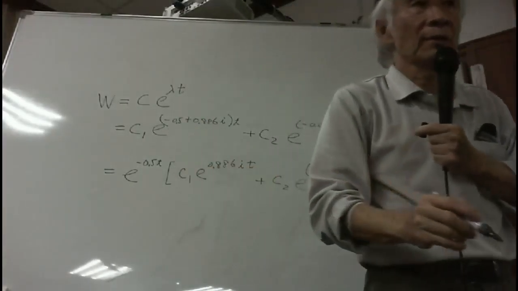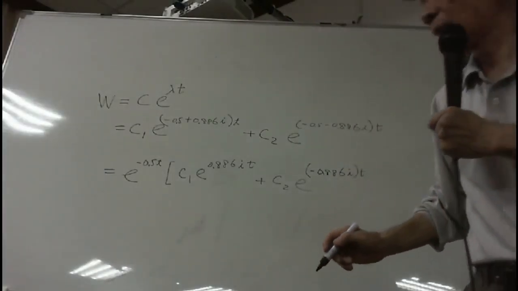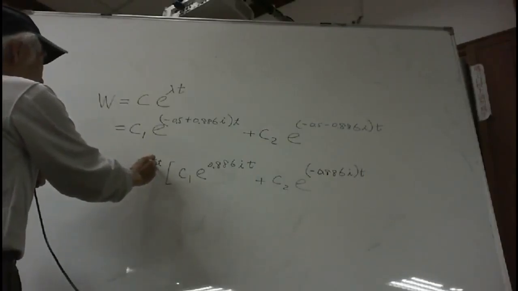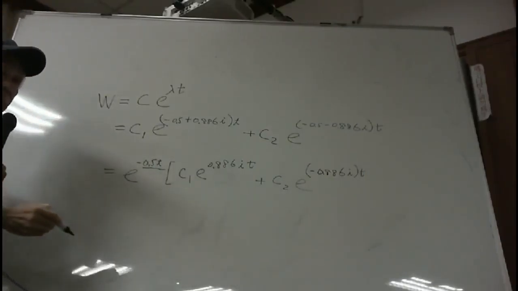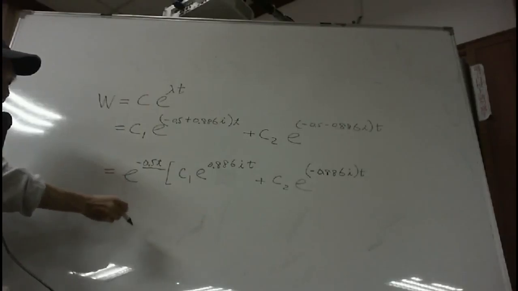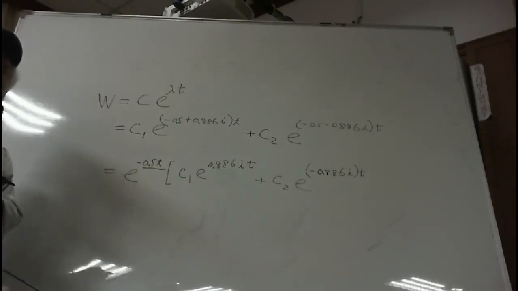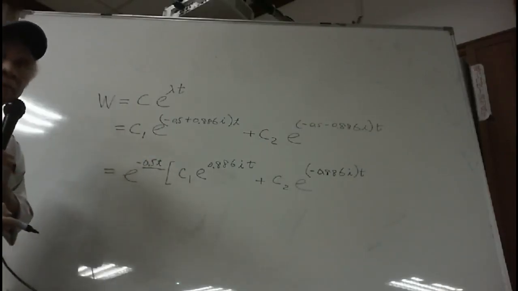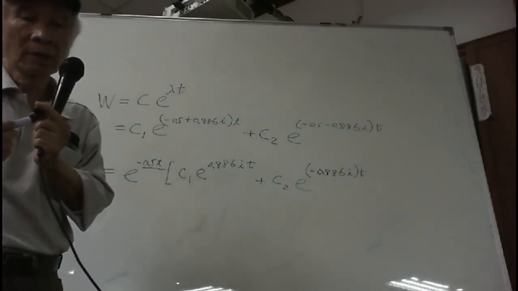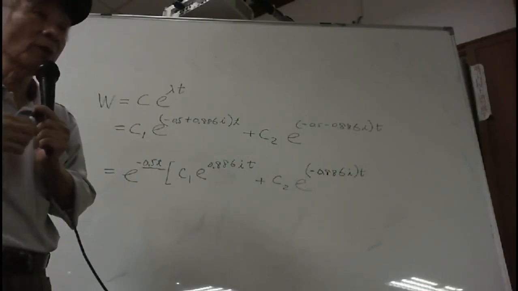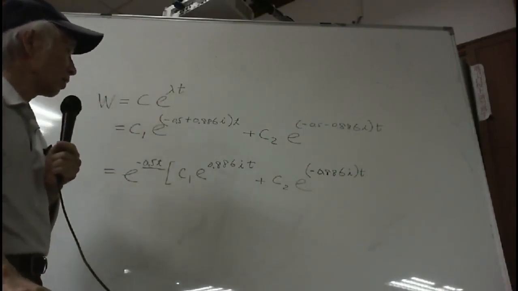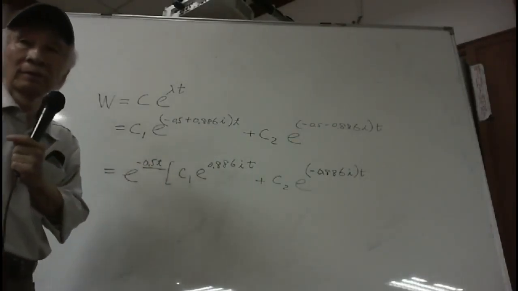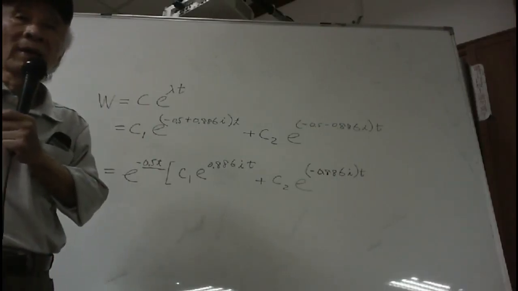Right? Am I right? And this term, when t grows, decays. When t grows to infinity, this becomes zero. So this is why I choose the real part equal to minus 0.5, because I need this negative here to make the system stable.